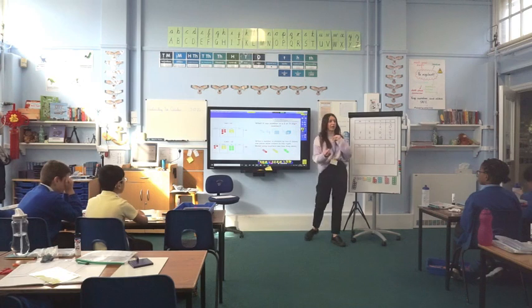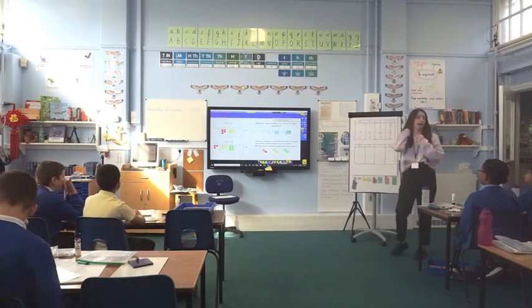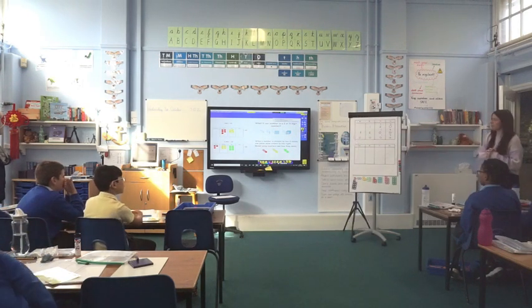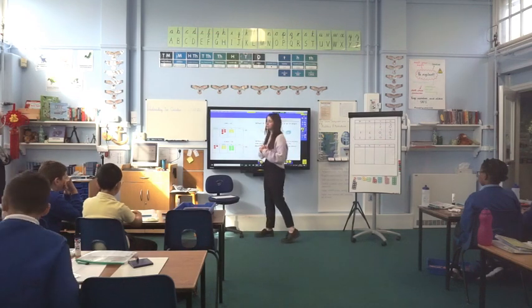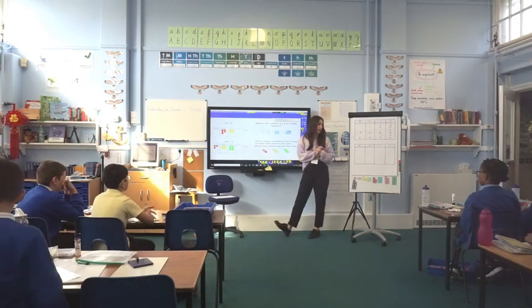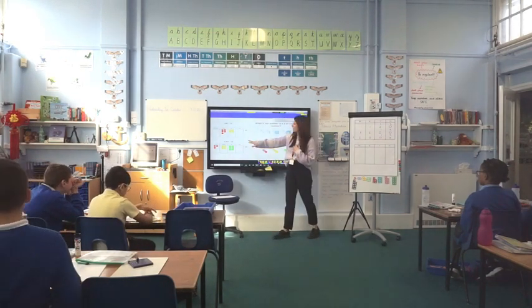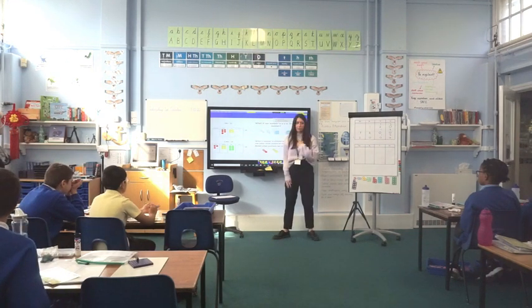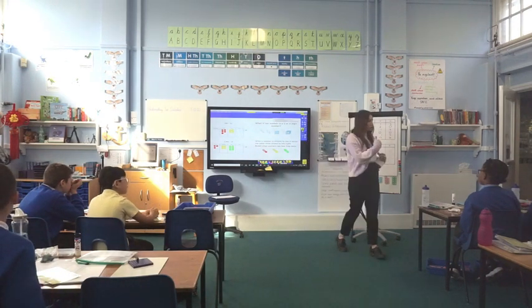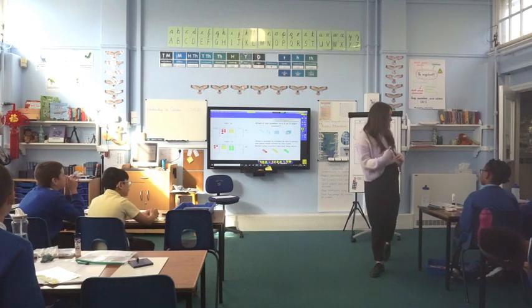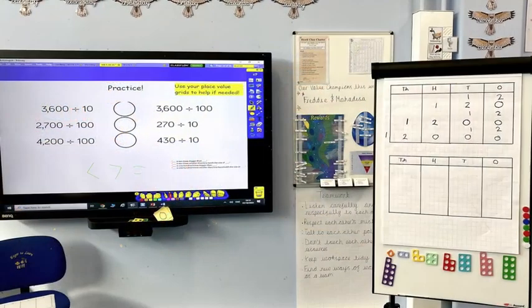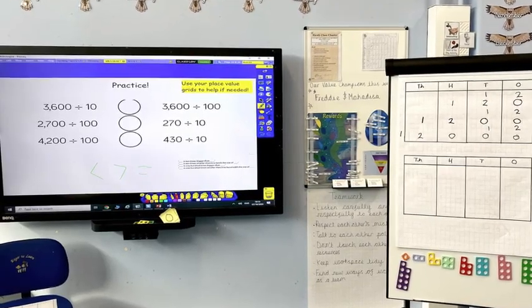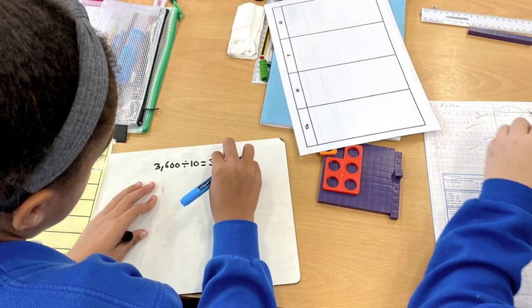So looking at numbers that are divisible by 10, 100 and 1,000, but do not go into decimals, so they remain integers. So looking at these 2 examples, 540 divided by 10, on your place value grid, can you show me what's going to happen when I divide that number by 10? Start with 540 and have a think about what's going to happen to that number. Can you show me, please?